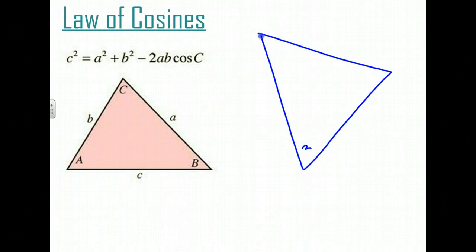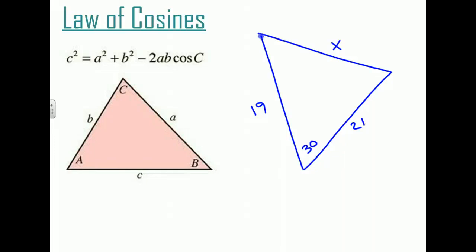So let's say we had a 30-degree angle there, and we knew this was 21, and we knew this here was like 19, and we want to find this one here. You can't use SOHCAHTOA because it's not a right triangle, correct? You can't use right triangle trig.